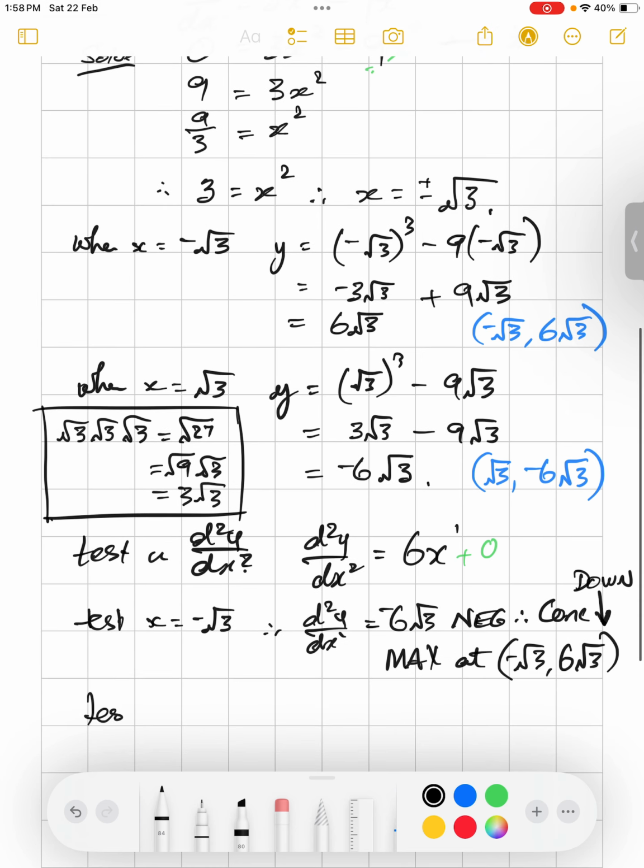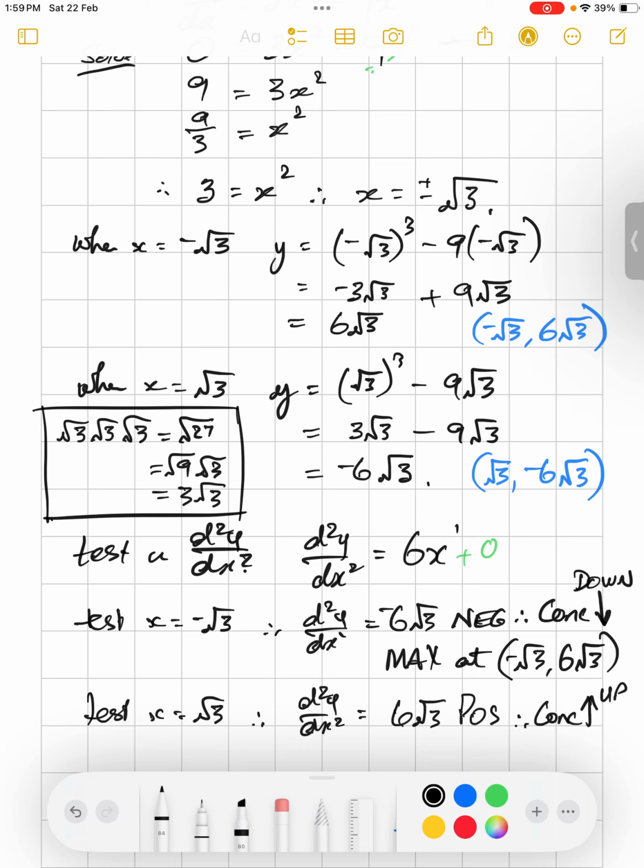Now test when x is positive root 3, therefore our second derivative will be 6 times positive root 3, which is positive, therefore it's going to be concave up, and a concave up curve is a minimum, so there is a minimum at root 3, negative 6 root 3.